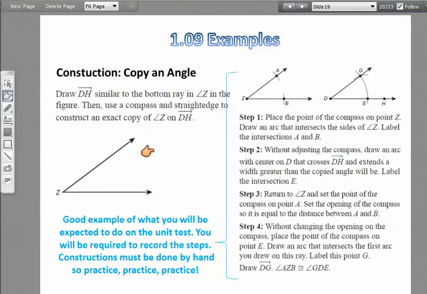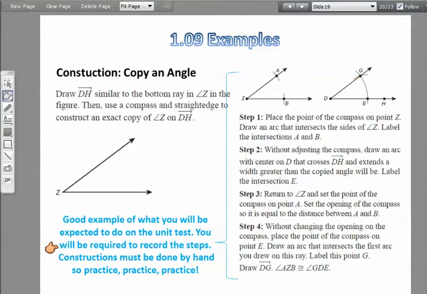Alright, whenever you're doing a construction on the test, you're going to have to do the construction showing all of your little pencil marks like this right here. Also, whenever you do a construction, they're going to ask you the steps that you use to do the construction. So this right here is a good example of what you'll be expected to do on the unit test.